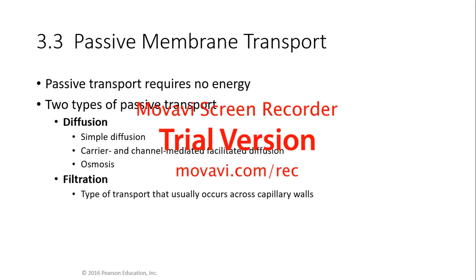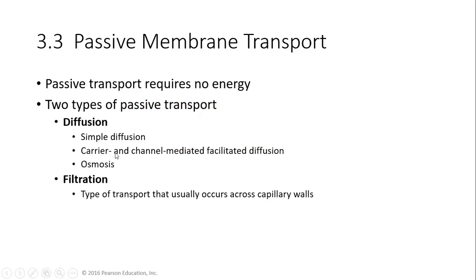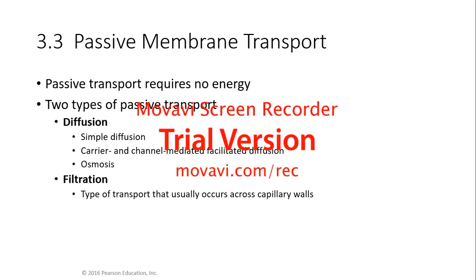Now, sometimes, because the cell membrane has that hydrophobic core, certain things that want to diffuse in or out of the cell can't pass through the cell membrane, so they have what's called facilitated diffusion, which uses a carrier protein or channel protein that facilitates it. So again, it helps, but it's still not requiring any energy. It just helps by giving a channel that it can go through the cell membrane.